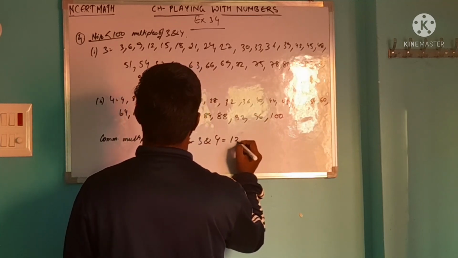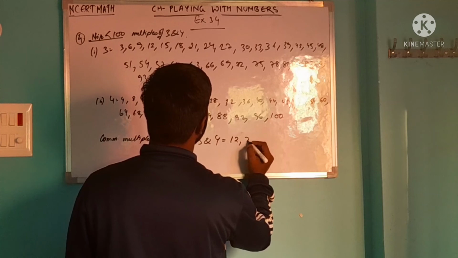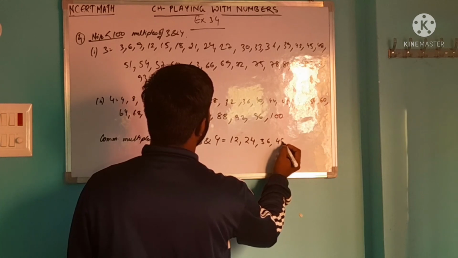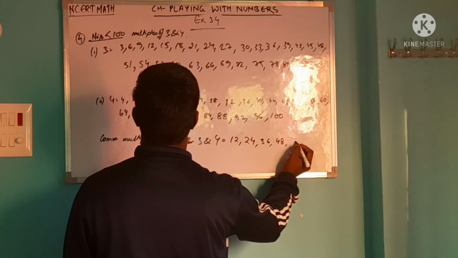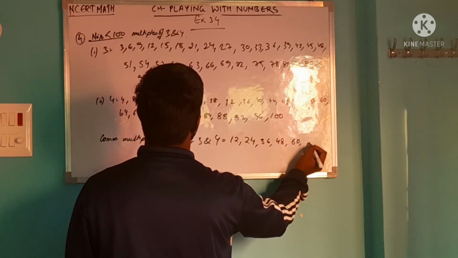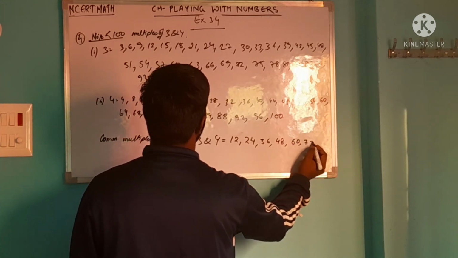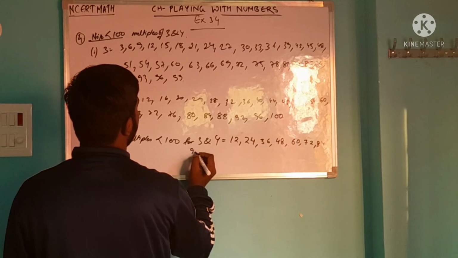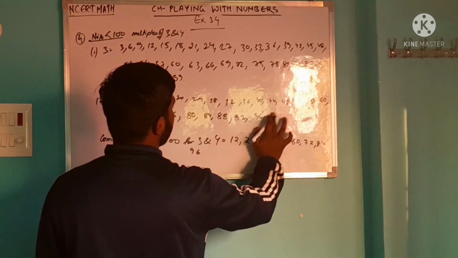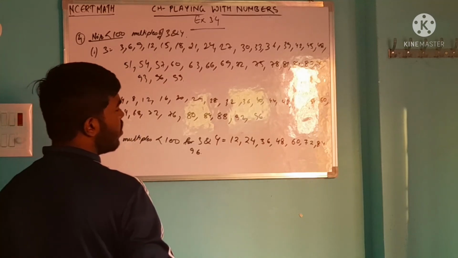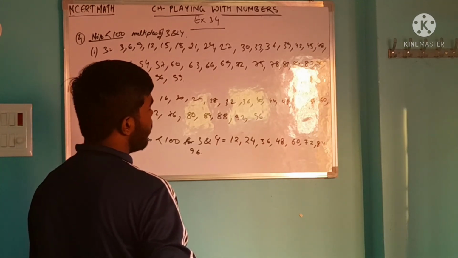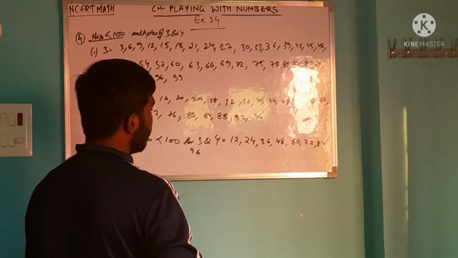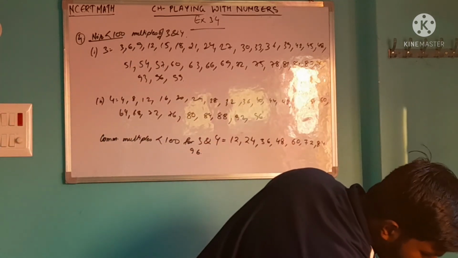So 12, 24, 36, 48, 60, 72, 84 and 96 are the common multiples of 3 and 4 which are less than 100. So this is all about our fourth question.